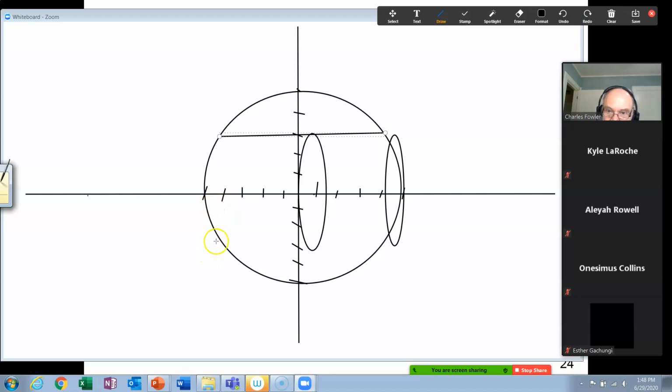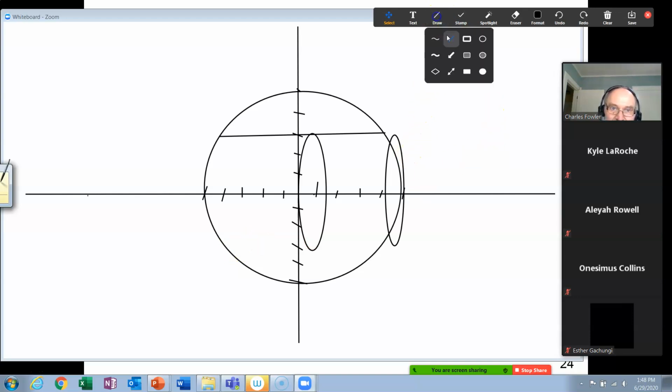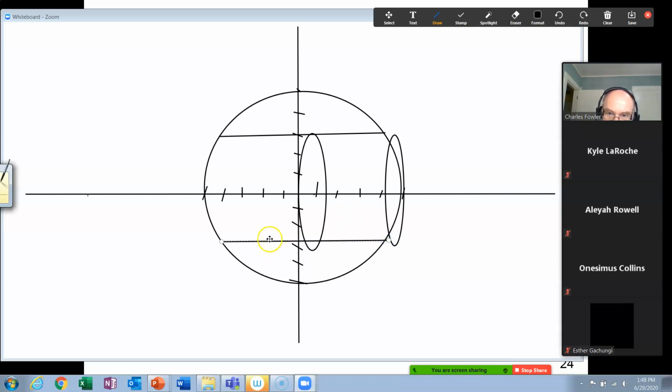Okay, that's supposed to be radius 3. It makes me come back and do this again. And this should be radius 3, only I want that whole thing to come down to right about there.